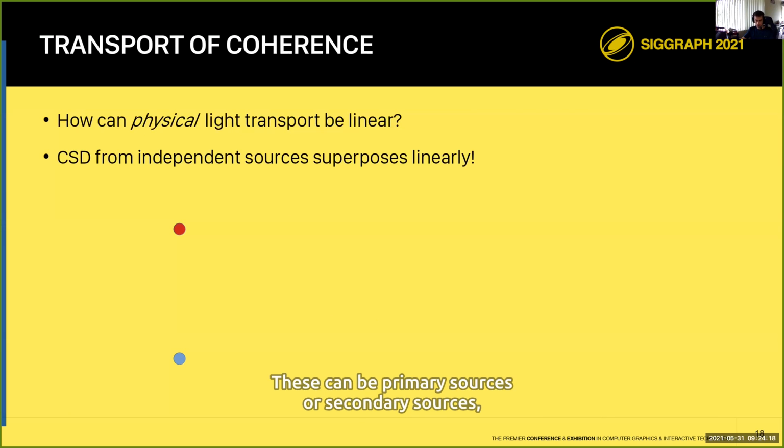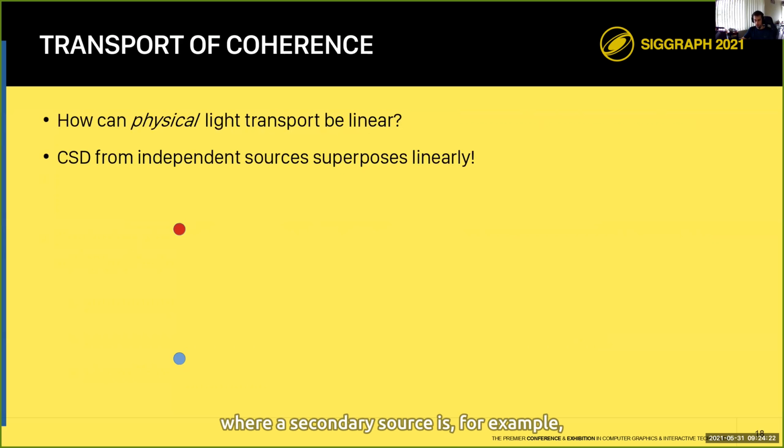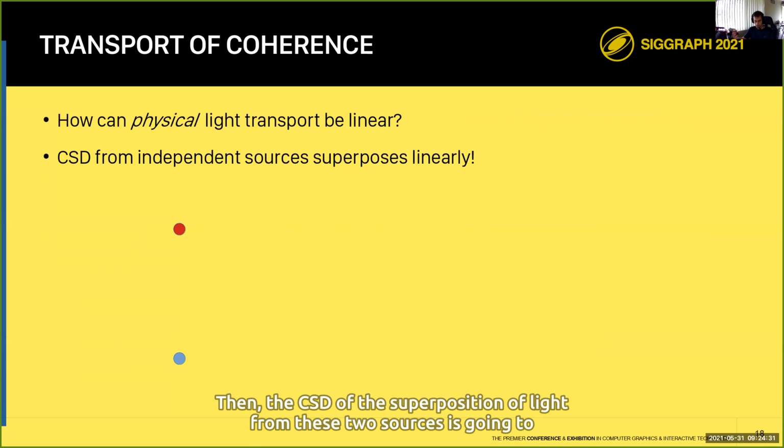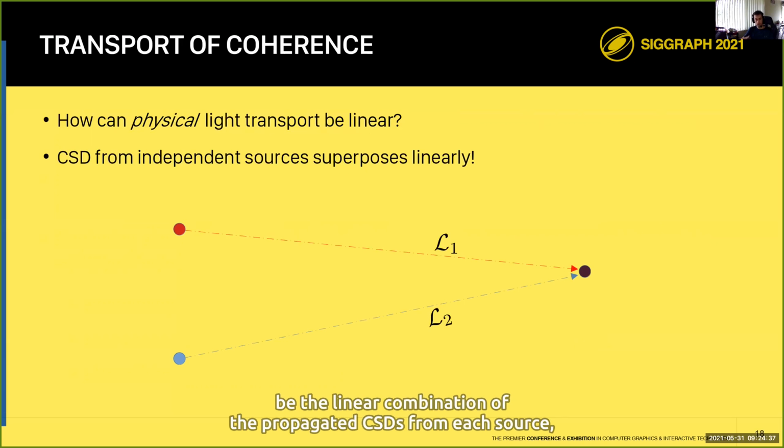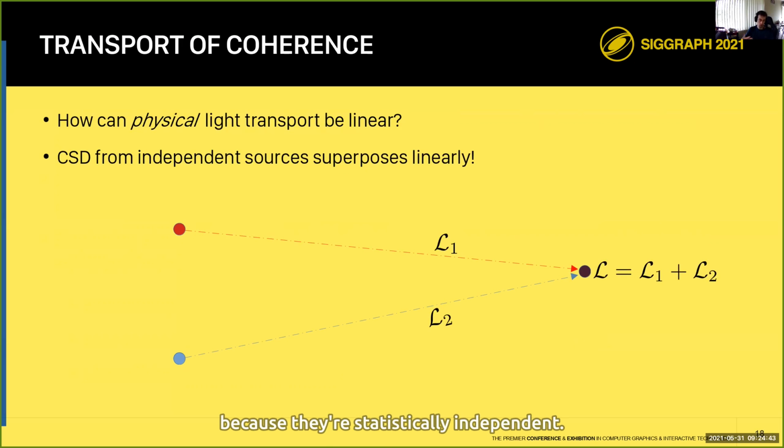These can be primary sources or secondary sources, where a secondary source is, for example, a reflection off a surface or any scatter of light by matter or media. Then, the CSD of the superposition of light from these two sources is going to be the linear combination of the propagated CSDs from its sources, because they are statistically independent.